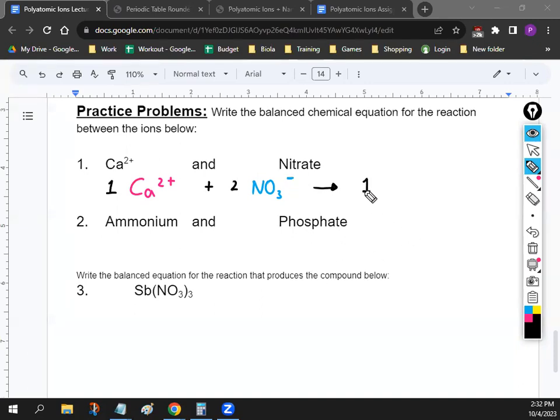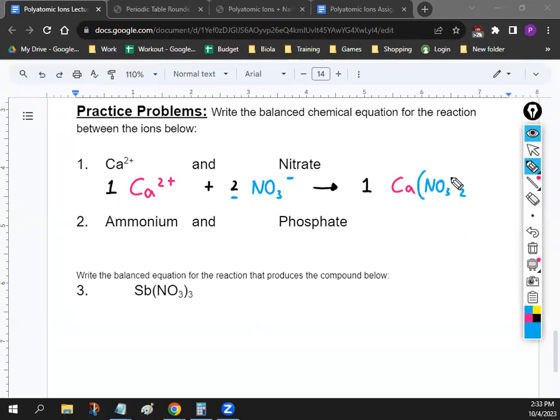All right, so we're going to put them together. All we have to do is write down these two things with the correct number. We only need 1 Ca, so we're just going to write Ca, no numbers behind it. And we're going to need nitrate, NO3. But if you notice, we need 2 of them, right? If we just put a 2 by itself right here, it looks like NO32, which is incorrect.